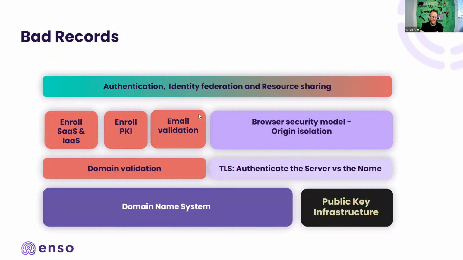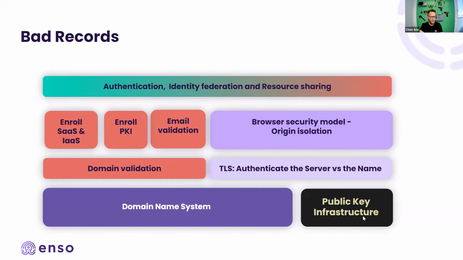So bad records are very similar to a compromised domain name system. It depends a little bit on how you do SSL termination. Sometimes it's a more complex scenario where you actually do the SSL termination and, based on DNS, you forward a request. So the PKI would not protect you in those scenarios.